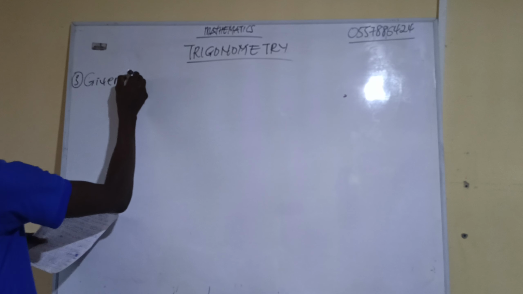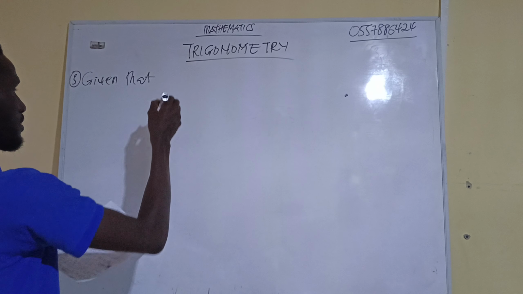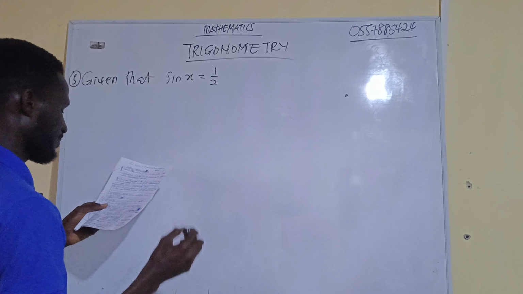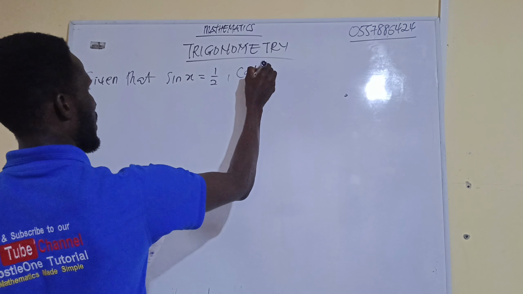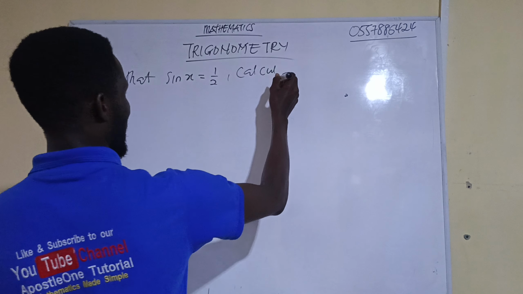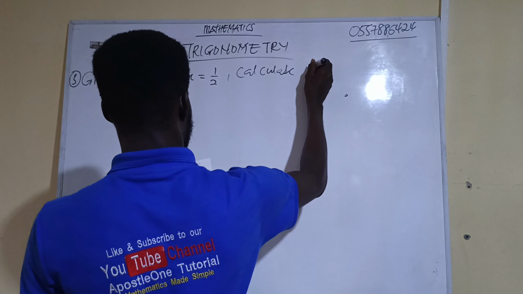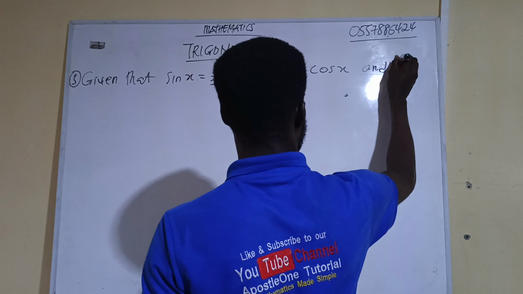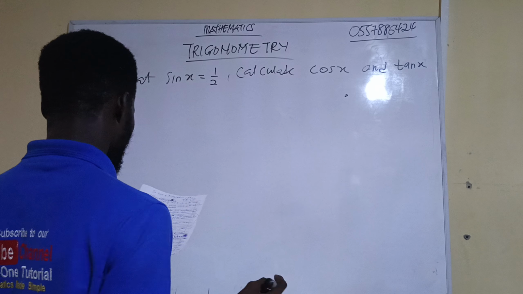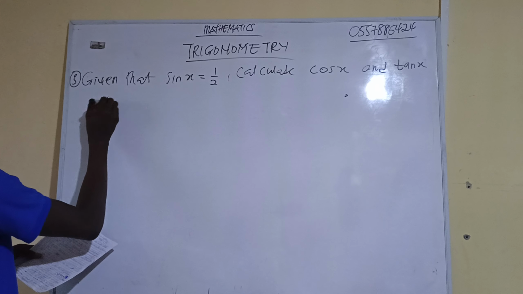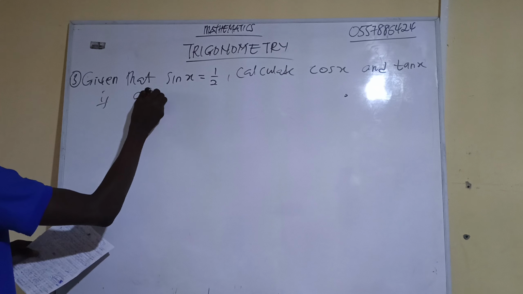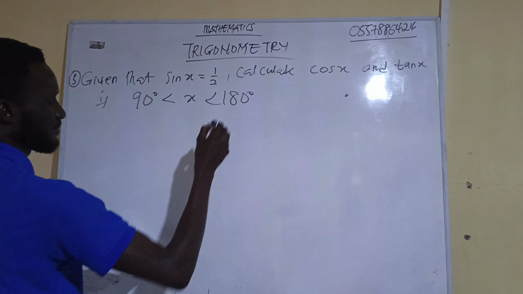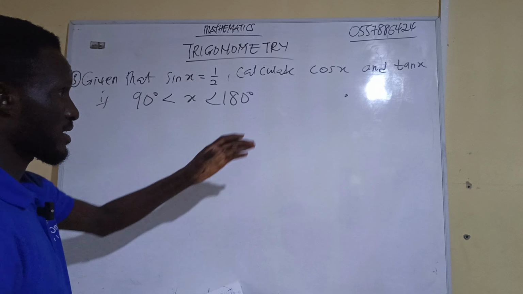Given that sine x is equal to 1 out of 2, we have to calculate cos x and tan x, if x is between 90 degrees and 180 degrees. Now we have to solve for tan x and cos x.